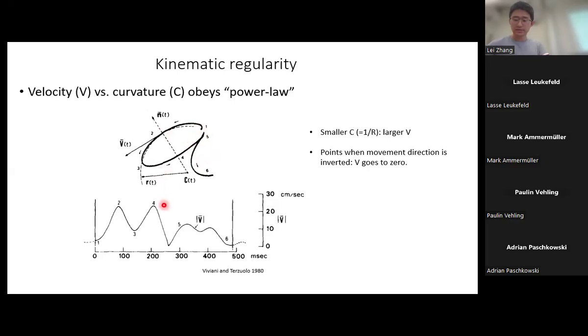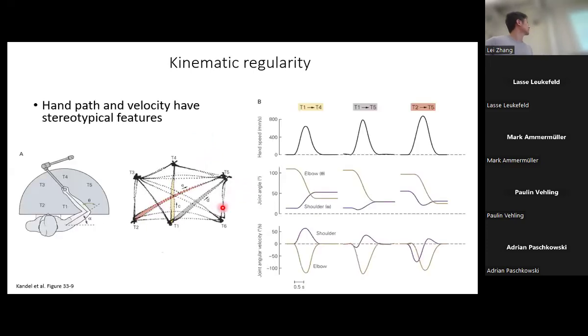Okay, so the next example is when you do a reaching movement. This is a horizontal movement. The participant is sitting in a chair and puts the arm on the table. This is usually a robotic device that you grab by the handle, and you can move to different locations on the table. And we plot the kinematics of the hand and the joints.